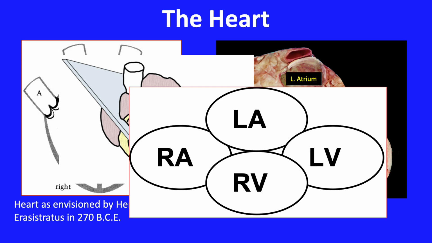The right margin is made by the right atrium, the left margin by the left ventricle, the right ventricle is located anteriorly, and the left atrium is posteriorly. Indeed, when the pericardium is first open, the left atrium is not visible because of the arrangement of the 4 chambers.